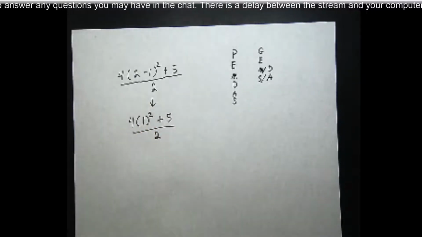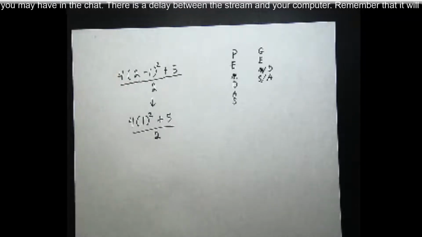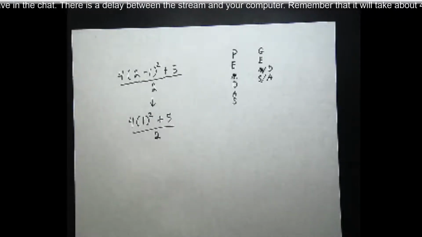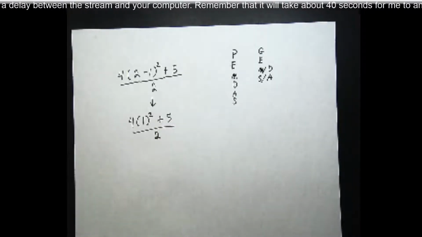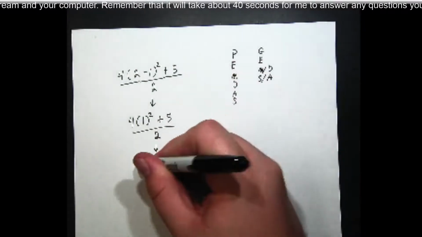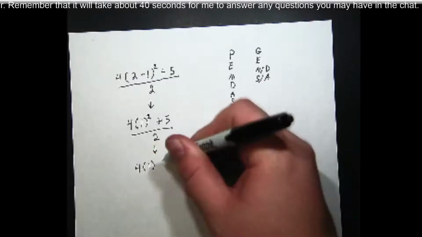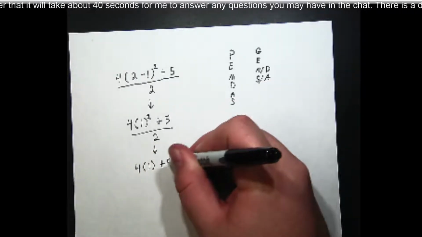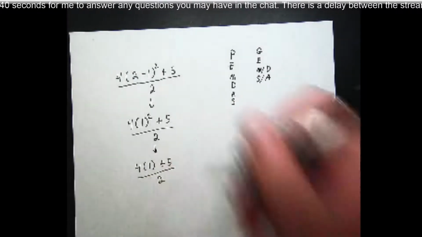So if you have anything that's still happening to the value inside of your parentheses, it's a good idea to just keep those parentheses there. But again, we need to do exponents, so 1 squared is 1. So now we have 4 times 1 in parentheses plus 5, all over 2.